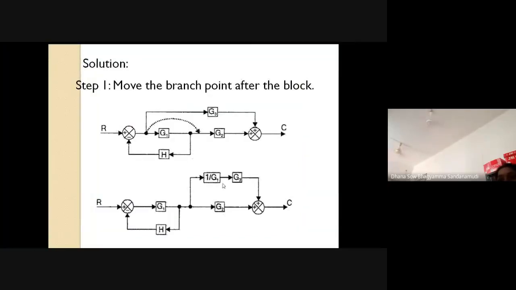A magnitude of 1 by G1 has been introduced. An additional block is added here. Now what comes to our mind is a smaller loop. This is a smaller loop, and that too a negative feedback loop.